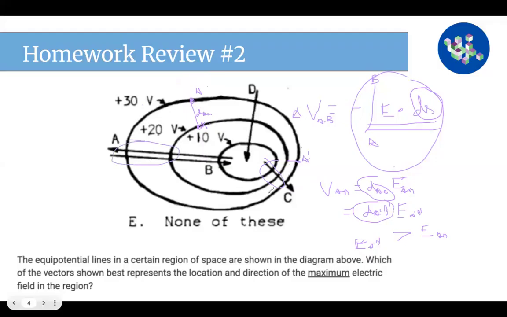That means the electric field in the region of point C is greater than the electric field in regions like B. So we want to find the location and direction of maximum electric field, and the answer would be C, because the spacing between the equipotential lines is the smallest.